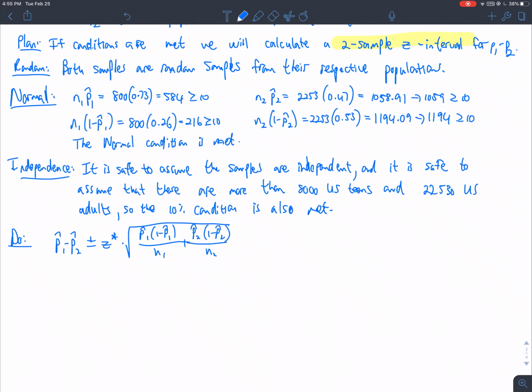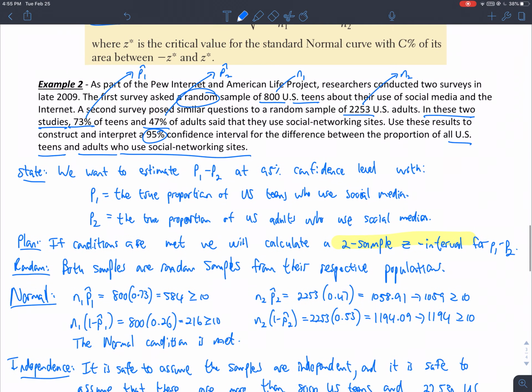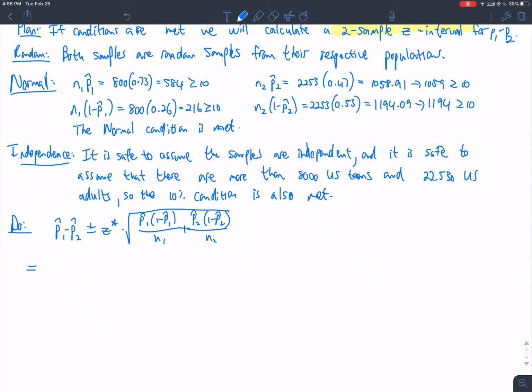Okay, and then we just substitute things. p hat 1 was 0.73 again, p hat 2 is 0.47, plus or minus, for a 95% confidence interval for a Z procedure, we've got this one memorized, 1.96.